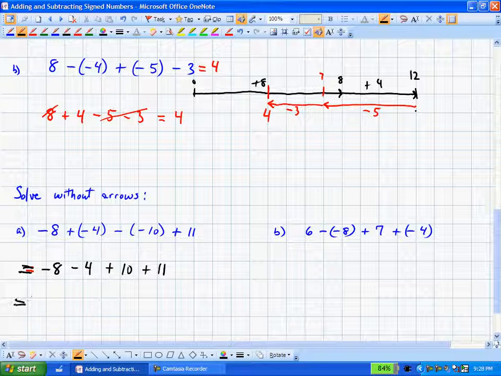Now, one way to do this is to add up everything that's positive. If you think about 8 and 4 moving us to the left, and the 10 and the 11 are moving us to the right. So what moves us first to the right? These two, and that's 21 that moved us to the right, and these two moved us to the left, so that's 12, and 21 minus 12 would be 9.